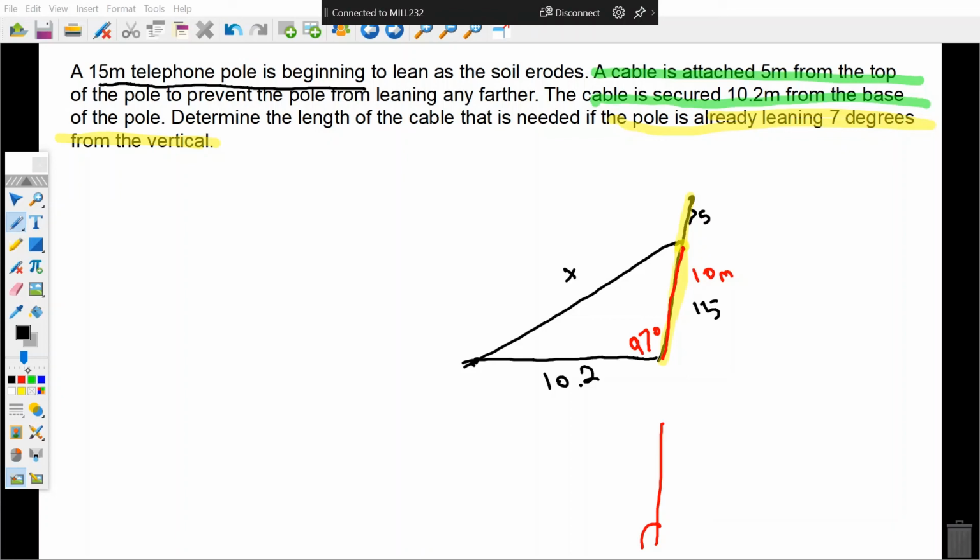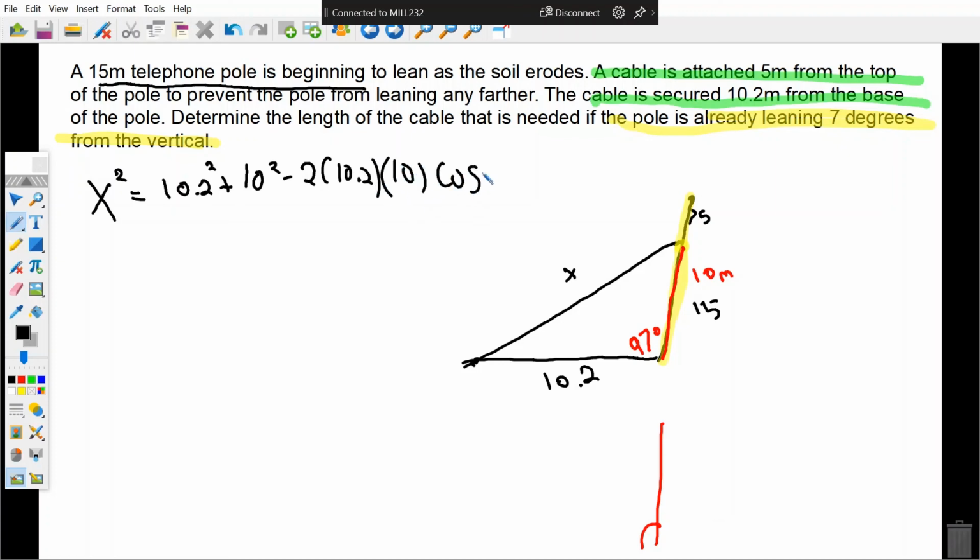So now I can set up my equation. I can go, this is the law of cosine as I go side angle side. So this is going to be x squared equals 10.2 squared plus 10 squared minus 2 times 10.2 times 10 cos 97.